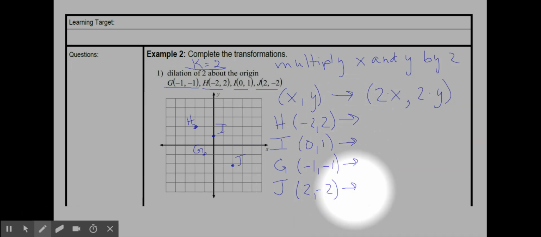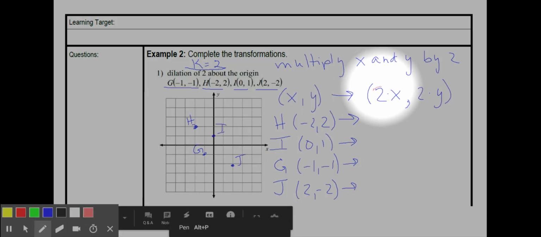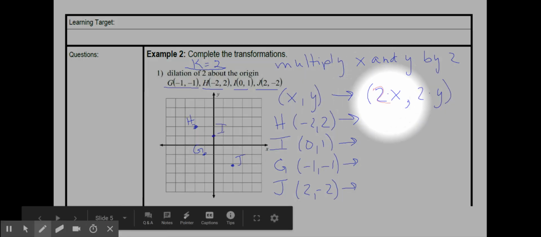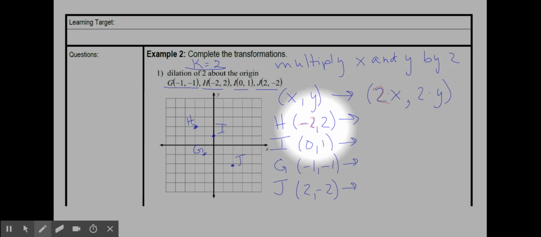And I'm going to change them all. What I'm going to do is take 2 times x. So if I take 2 times -2, I get my H prime, or H moved once. So 2 times -2 is -4. And 2 times 2 is 4. So H prime is going to be -4, 4.